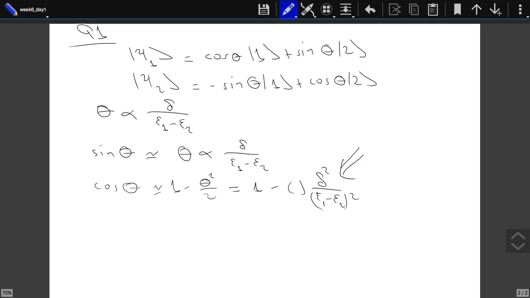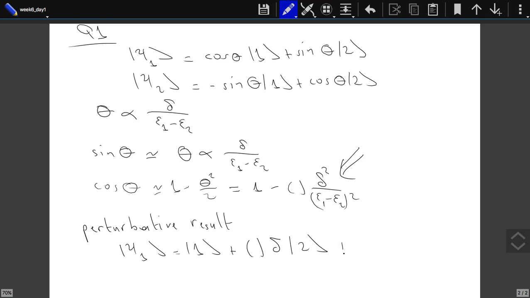If you look at the perturbation theory, you don't get a delta squared correction either. Right? So in the perturbative result, let's say psi 1 is 1 plus some factor times delta, plus terms of the order of delta cube.